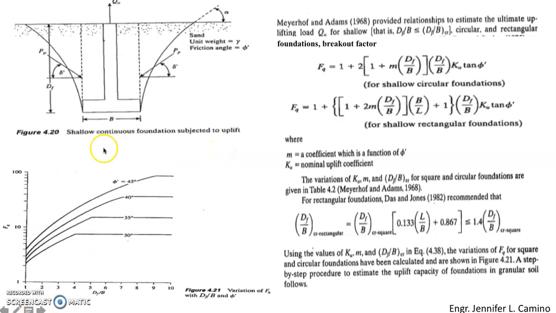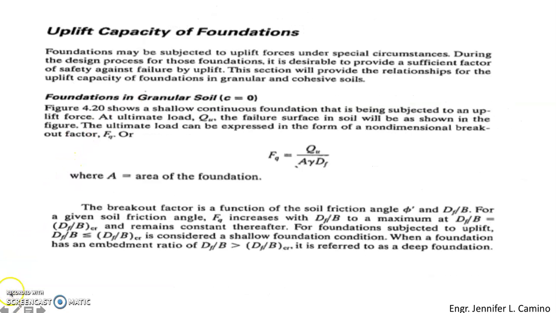We have here an illustration for a shallow continuous foundation that is subjected to uplift forces. Of course, you have the parameters present, and you have the forces, including the presence of the passive force acting on our shallow continuous foundation.